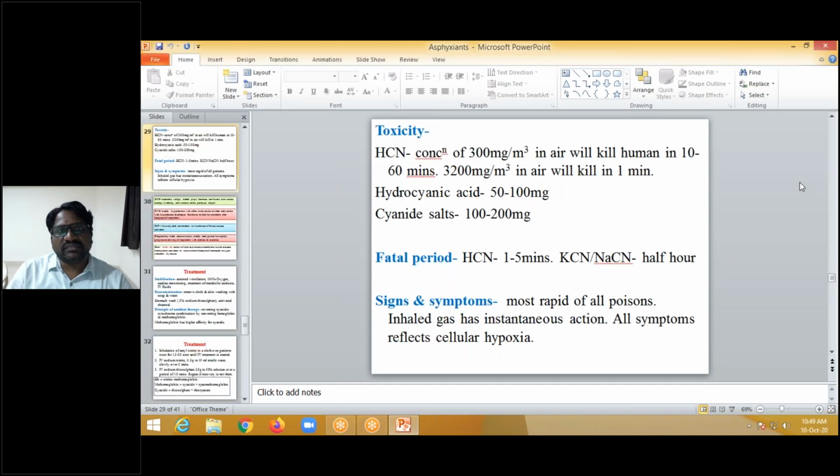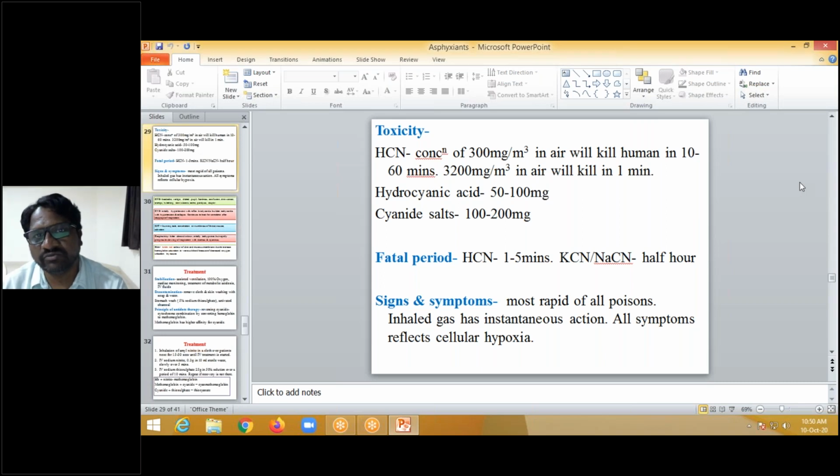Now toxic levels: a hydrocyanic acid concentration of 300 milligrams per cubic meter in air will kill a human in 10 to 60 minutes. Suppose the hydrocyanic level is 3,000 milligrams per cubic meter in air, the person will be killed in 1 minute.